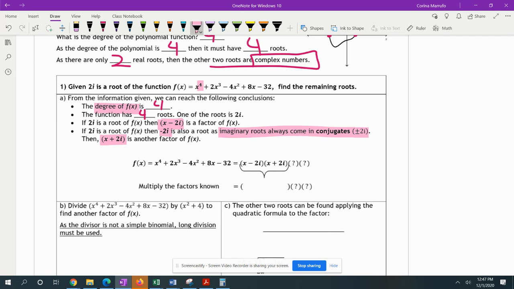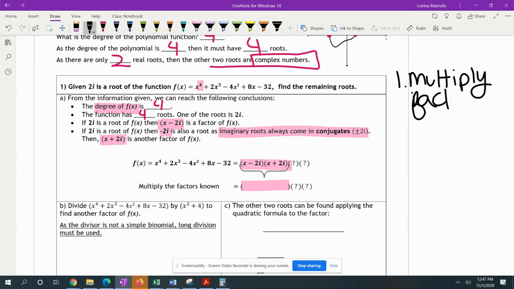It is going to be a little bit similar. So we're going to go ahead and multiply x minus 2i and x plus 2i to see what that gives us. I'm going to multiply using the box method. So step 1, multiply the factors.